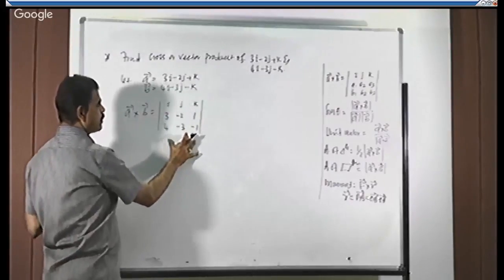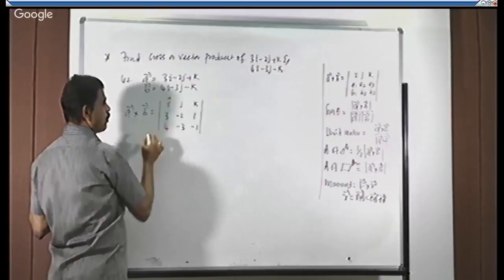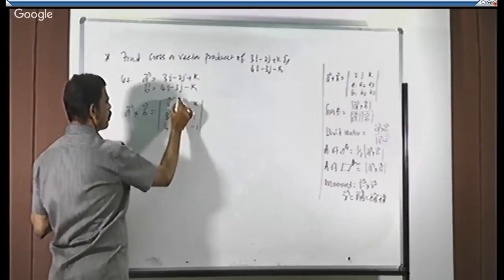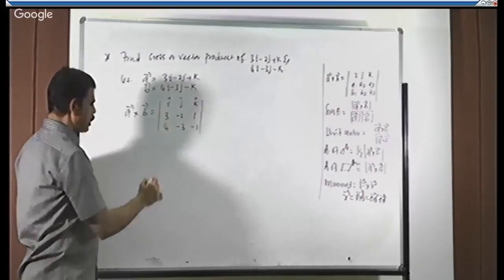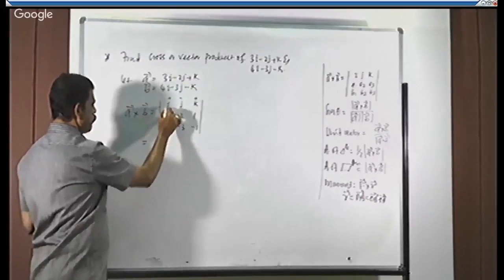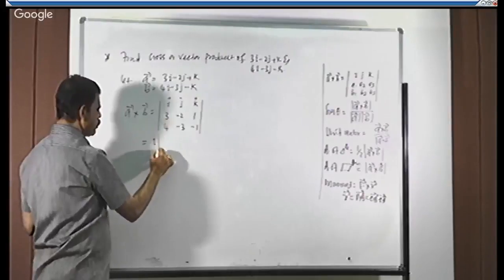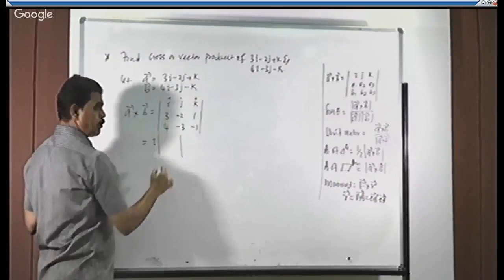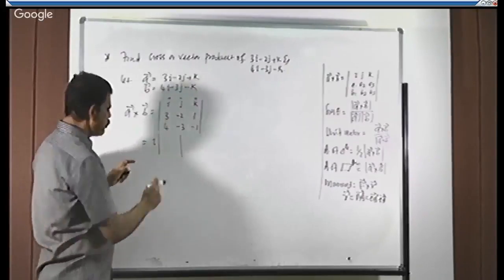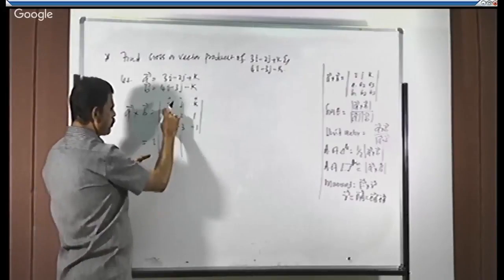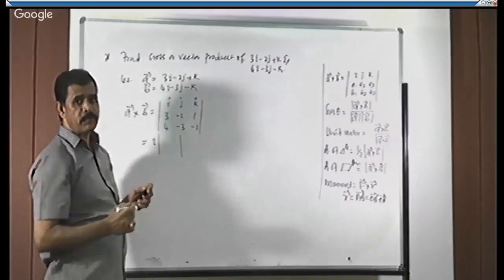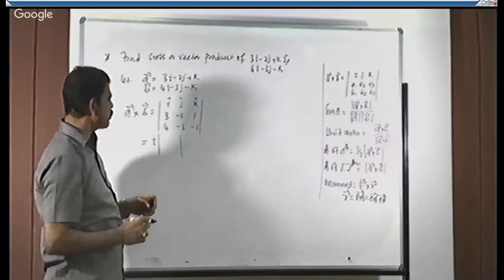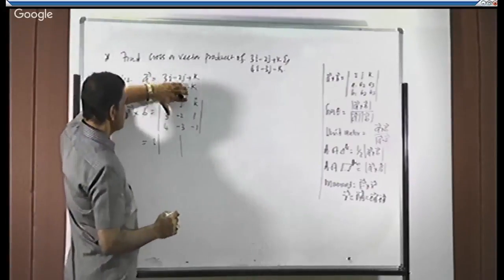As we know, in the expansion of a determinant along the first row, you take alternately plus, minus, plus. The first element of the first row is multiplied by a second order determinant obtained by deleting the corresponding row and column. That is the principle of expansion of a determinant, which we have discussed in the first chapter itself.